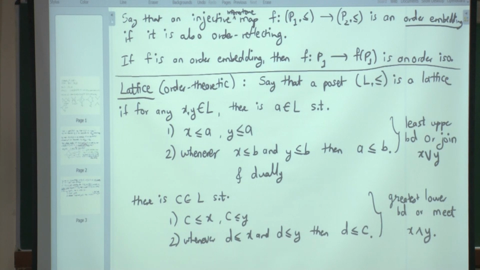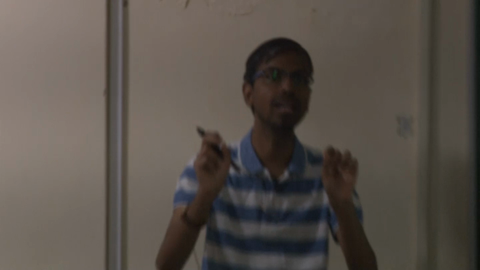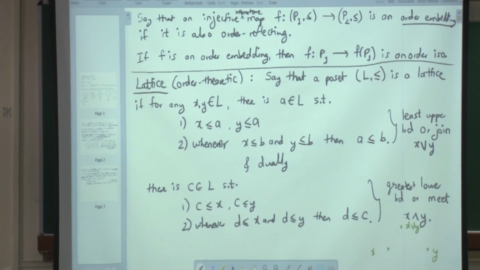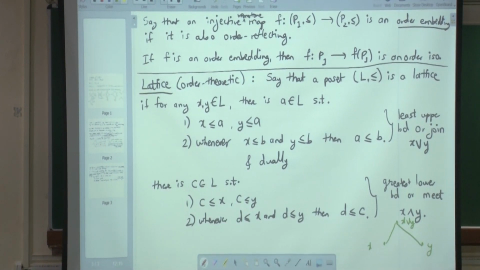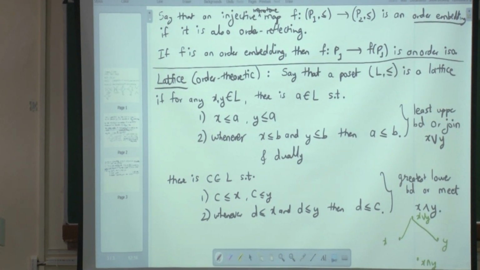Okay, it takes some time to get used to this notation, join and meet. So what we are saying is that for any two elements in your lattice, there should be a greatest lower bound and a least upper bound. So what does the picture look like? If I have X and Y, they are incomparable, then X join Y sits here and X meet Y sits here.